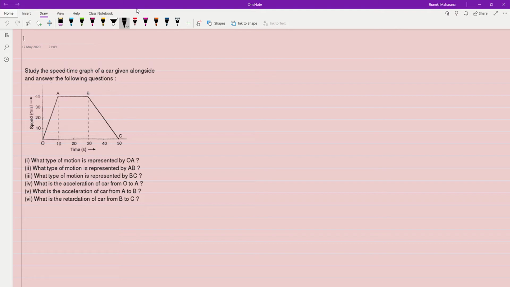The first question, if you look at the screen, it is given: study the speed time graph of the car given alongside and answer the following questions. So the first question is, what type of motion is represented by OA? So we have to see this OA. Now if you look at this OA part, the VT graph is sloping upwards. So when the graph is sloping upwards this way, last time we talked that here there is a uniform increase in velocity.